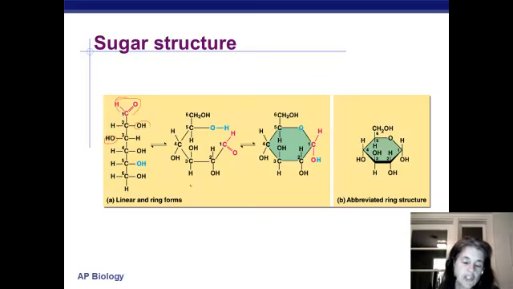The other way is to show it how it more realistically exists in nature. Most sugars that are this many carbons, 6 carbon sugars, don't exist in a linear form in nature. In aqueous solution, which is where you find most things in nature, in water, in living things, they take a ring form. The bonds bend and they take this ring form.